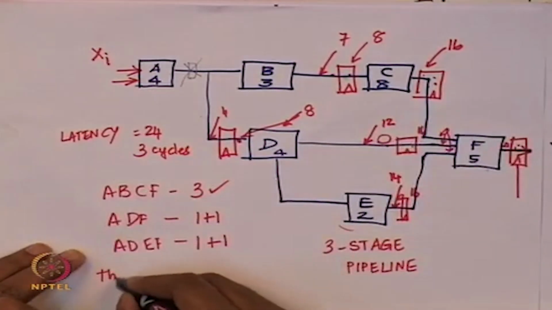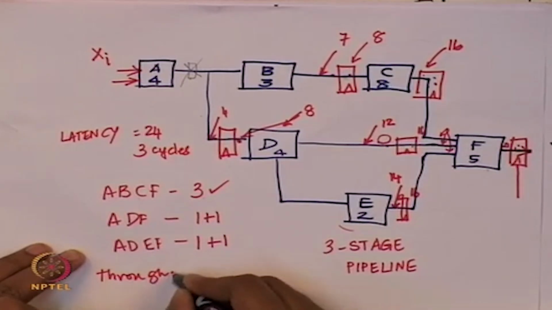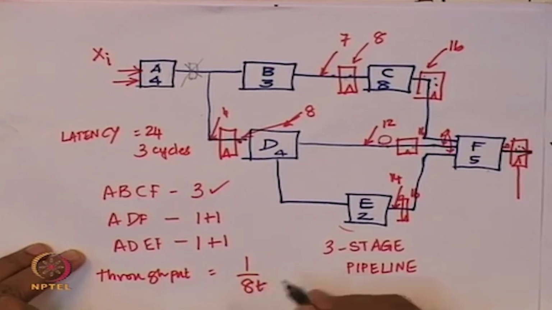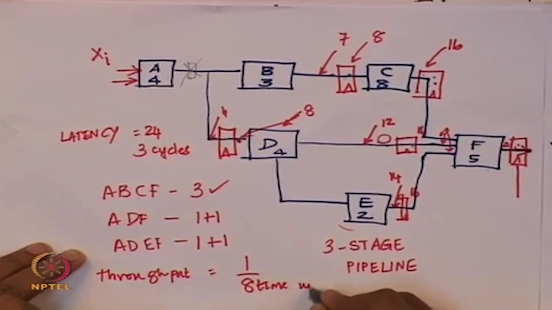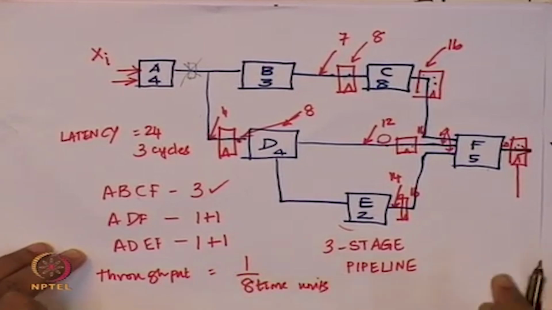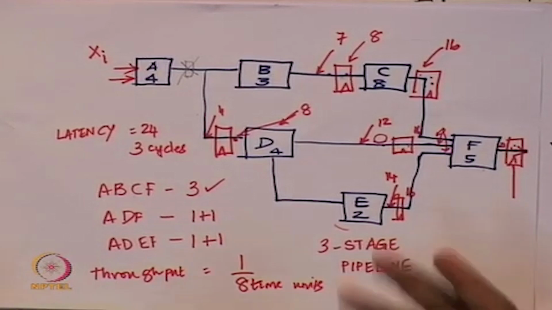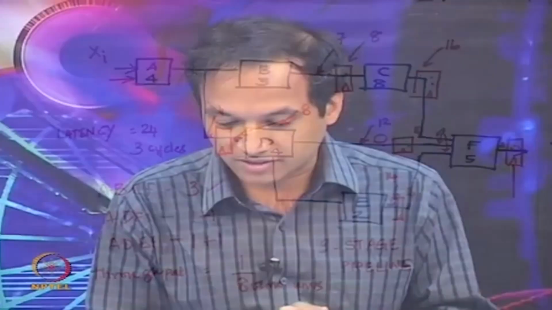So, the throughput that you can get from the system is 1 over 8 time units. So, if this is all nanoseconds, then 1 over 8 nanoseconds is the throughput. So, you can process so many inputs in every nanosecond, that is the meaning of this.